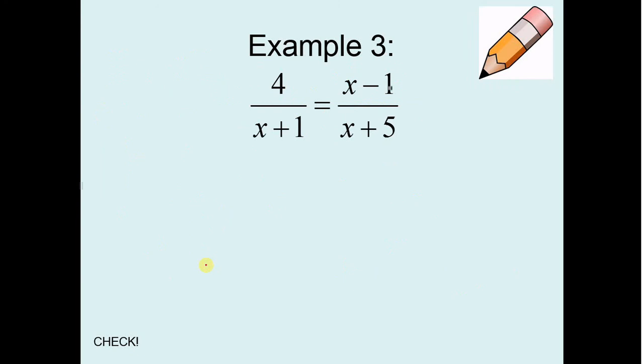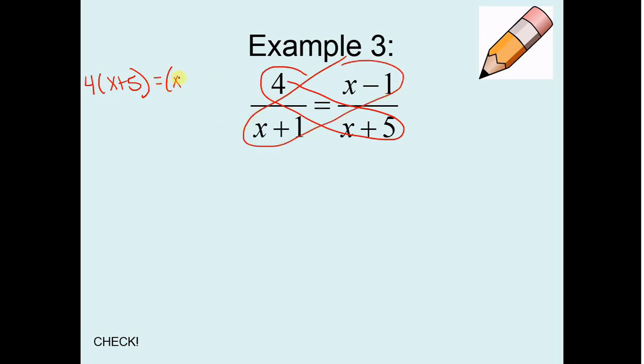Let's try the last example of this video. So we're going to multiply across, right there. So we're going to get 4x plus 5 equals, multiply across here, I'm going to get x plus 1, x minus 1. Multiplying that 4 in, I'm going to get 4x plus 20 equals, and then let's FOIL this, x squared plus x minus x minus 1.